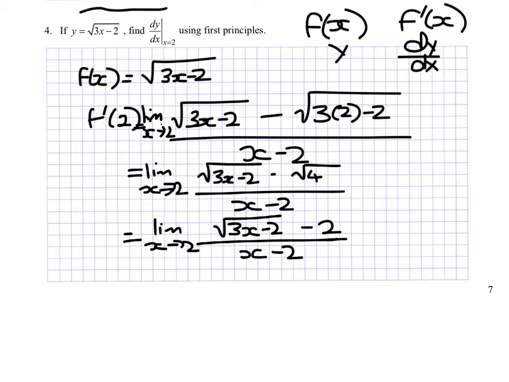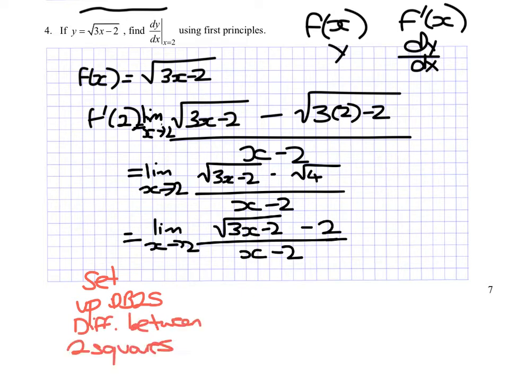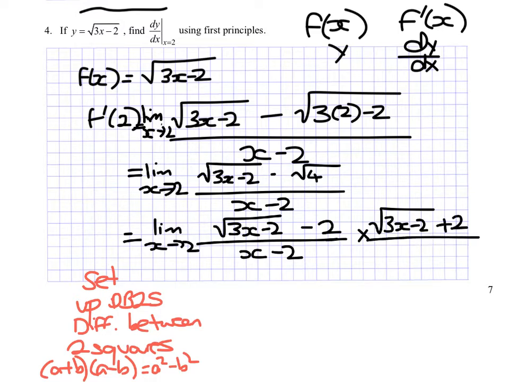What we're going to do is set up the difference between two squares. So we know that a plus b times a take b equals a squared take b squared. So what we're going to set up is a very similar thing: the square root of 3x take 2 plus 2, over the square root of 3x take 2 plus 2. Again, we're just multiplying by 1, very similar to the above one.